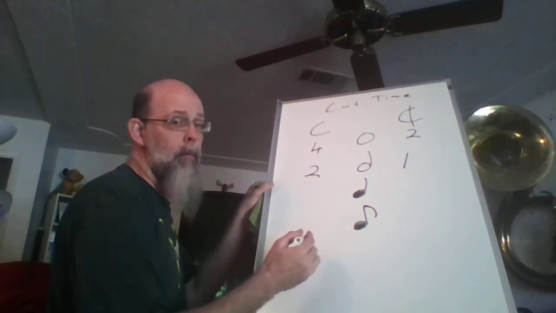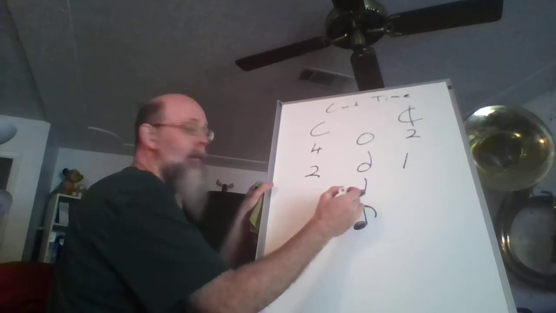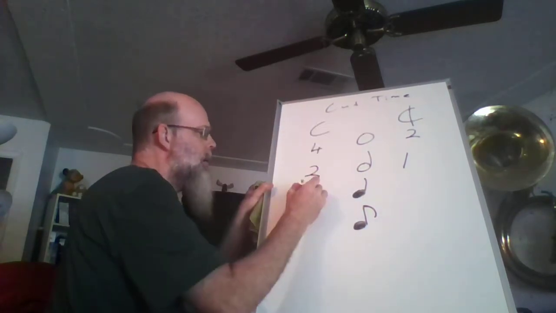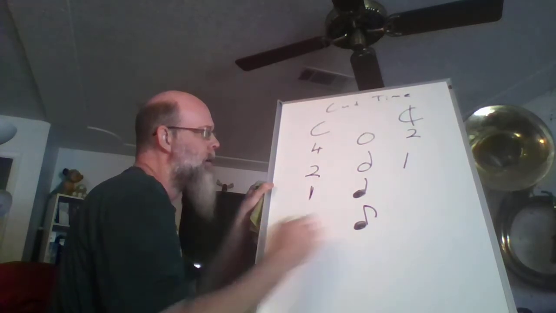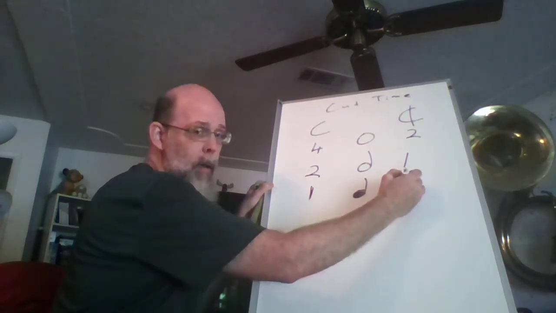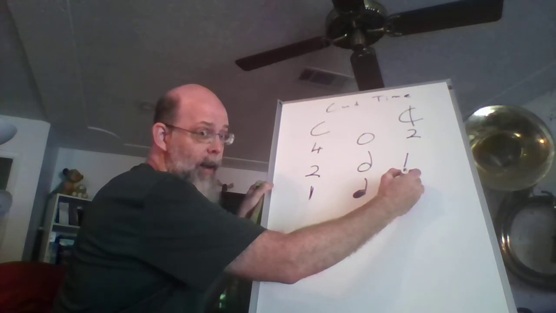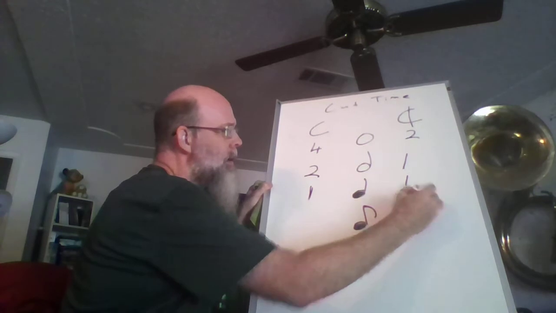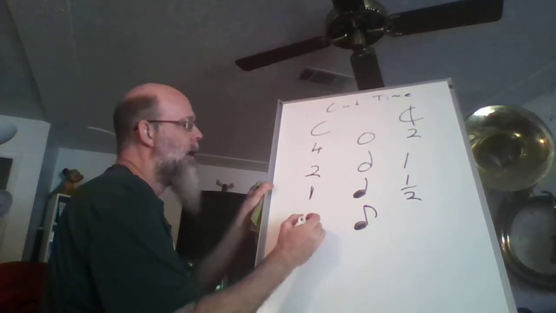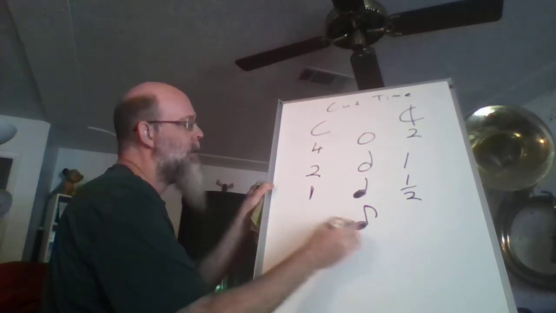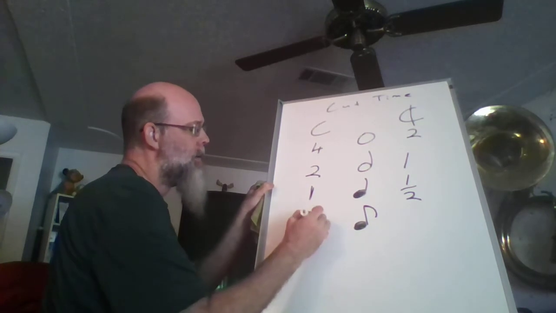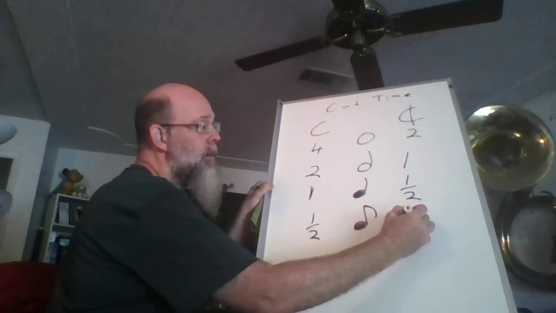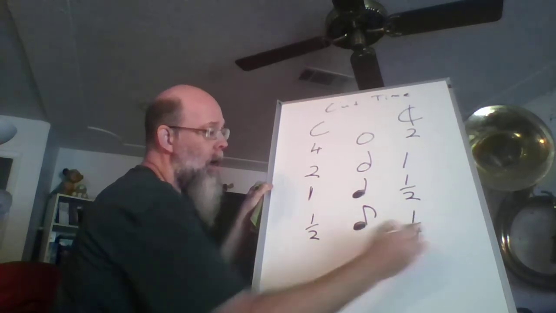Quarter note in common time is 1 beat long, you already know that one. Over here in cut time, figure it out, use your math skills: half a beat. And the last one, the eighth note in common time is half a beat long. Over here, it's going to be a quarter of a beat long.